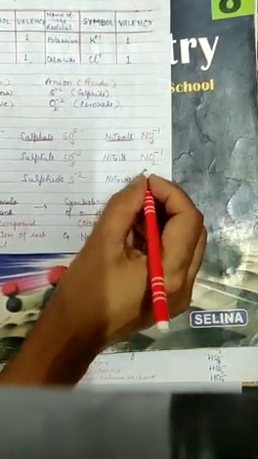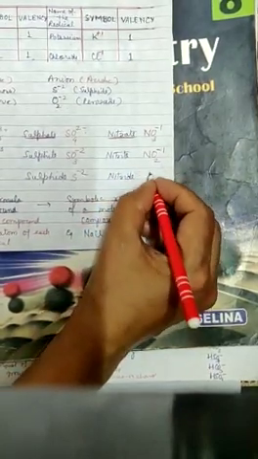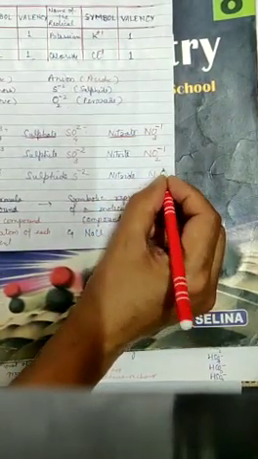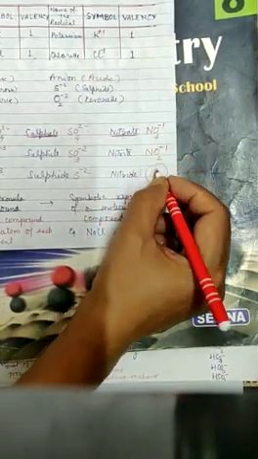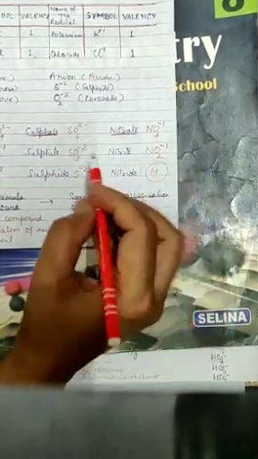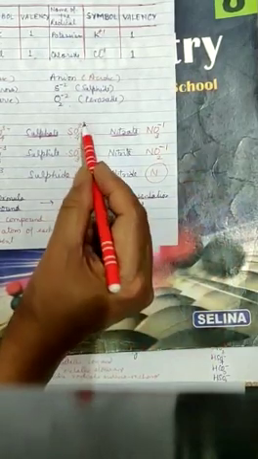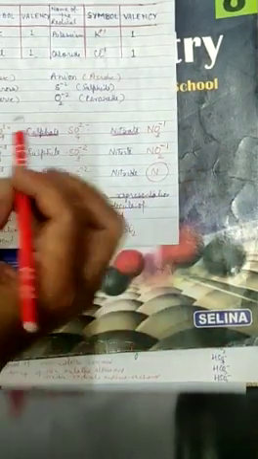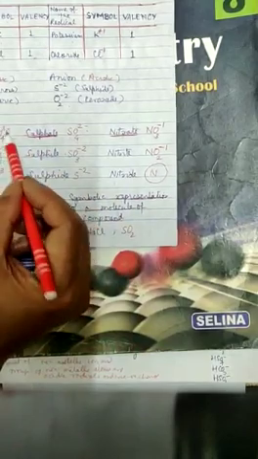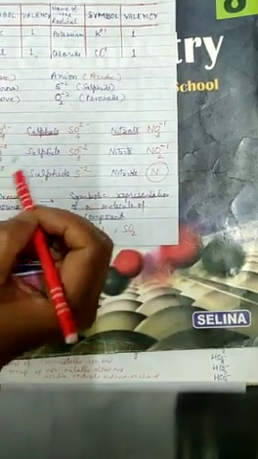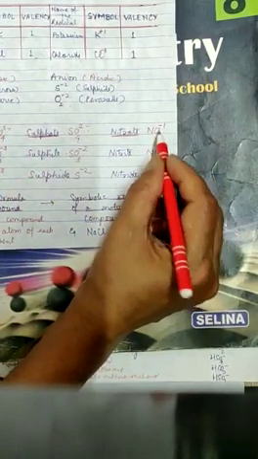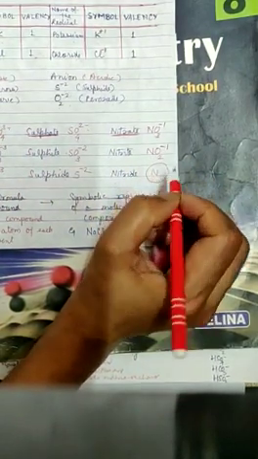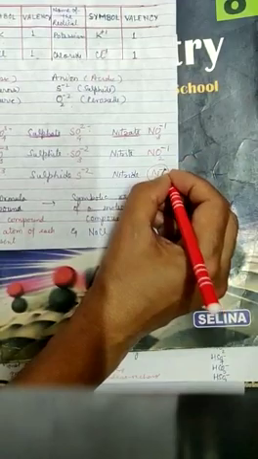And for nitride, as I said, oxygen vanishes. Yet nitride is in one way an exception to the other two, because here the valency changes. In the case of sulfate, sulfite, sulfide, the valency remains the same, 2. In phosphate, phosphite, phosphide, the valency remains the same, that is 3. But in the case of nitrate and nitrite, they have the same valency 1, but in the case of nitride it becomes -3.